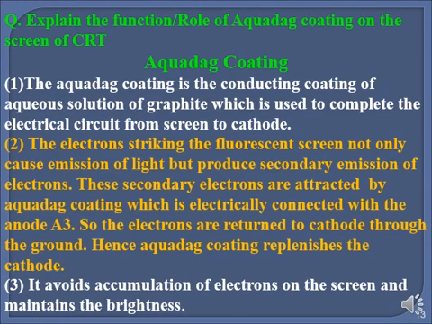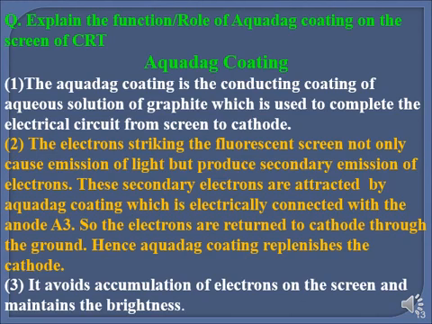The electrons striking the fluorescent screen not only cause emission of light but also produce secondary emission of electrons. When electrons continuously strike, the fluorescent screen gets heated and it emits secondary electrons. These secondary electrons repel the electrons which are coming later.